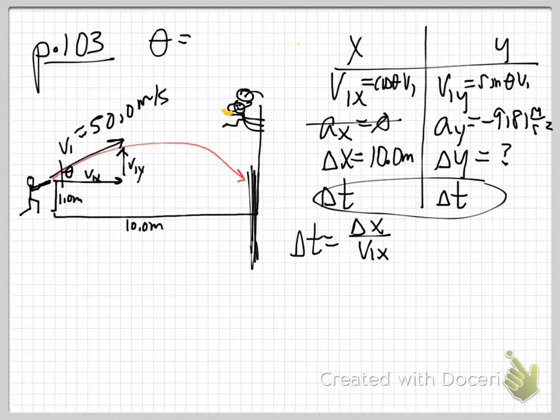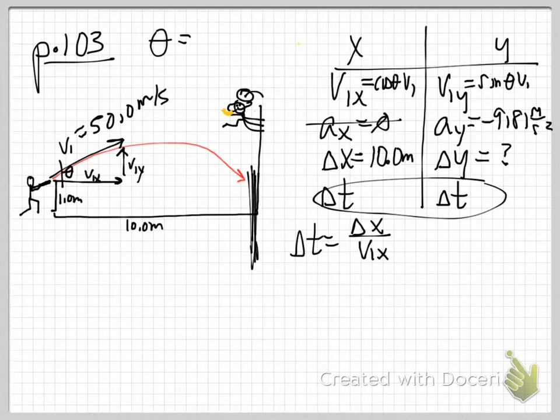The substitution that a lot of you have been using in the other problems, where on the y-axis t is equal to the square root of 2 delta y divided by a, that's no longer true. That doesn't apply because VIY is not 0. So you cannot use that derivation anymore.